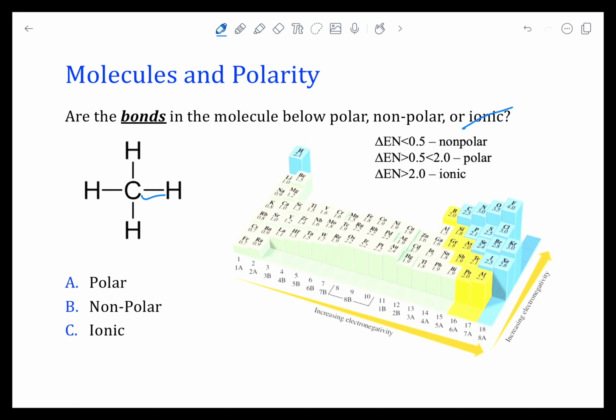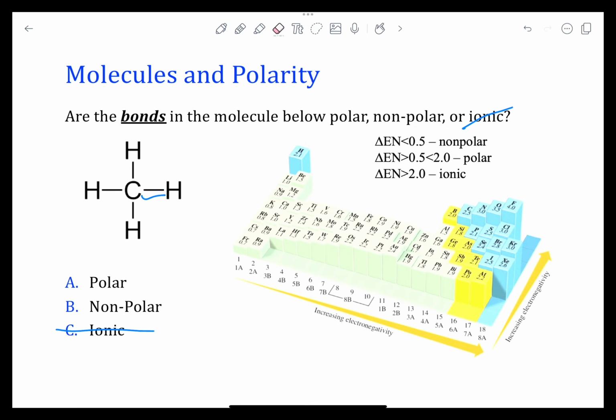If we have bonds and we know that we're between two nonmetals, then it can't be an ionic compound. So we're really looking for, are the bonds in this molecule polar or nonpolar? So we're just going to get rid of that ionic option. It's not going to be ionic if there are bonds. Okay, so let's determine that. So we're looking strictly at the bonds.